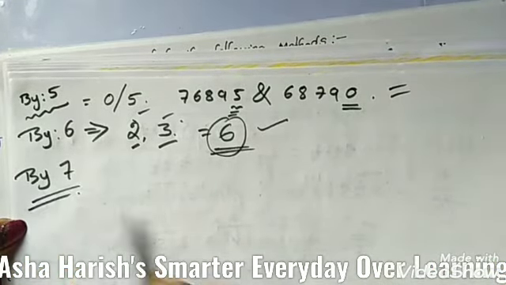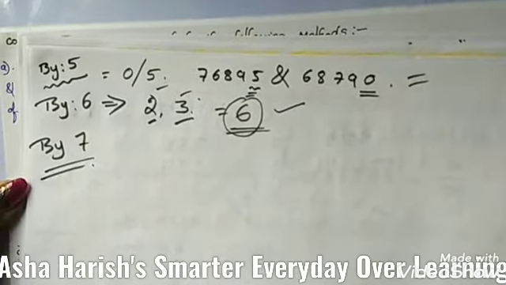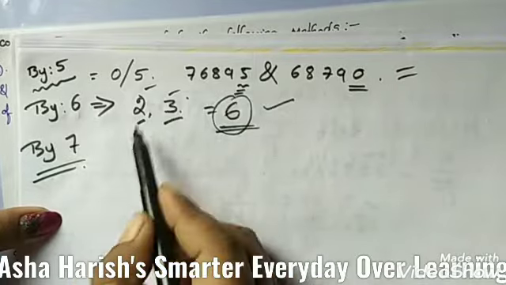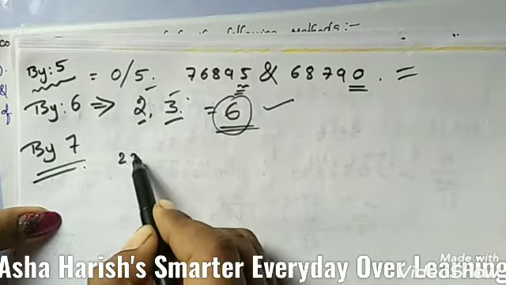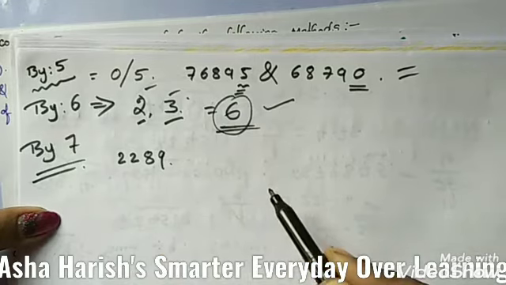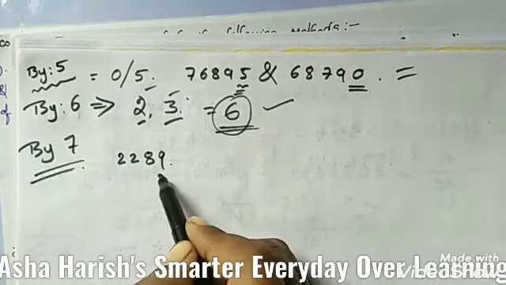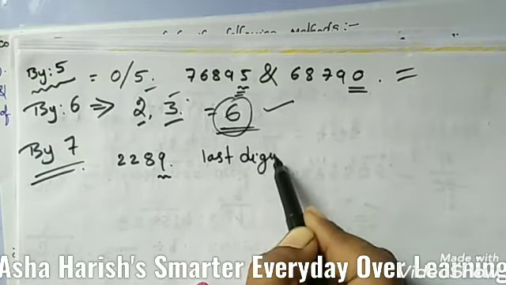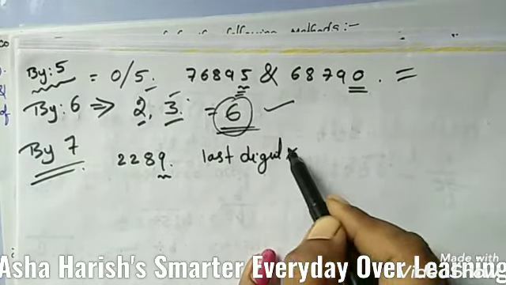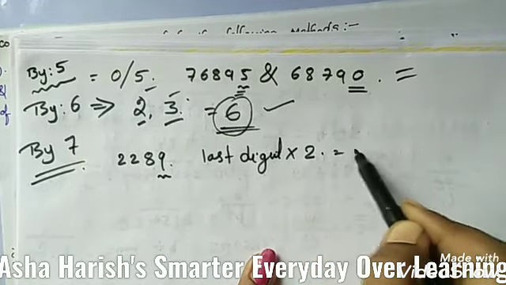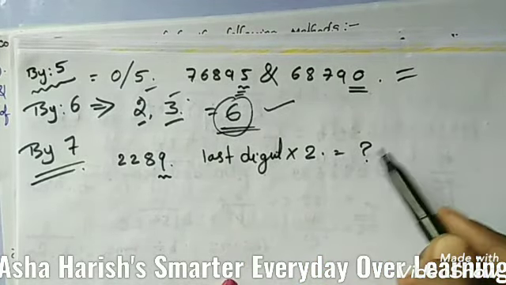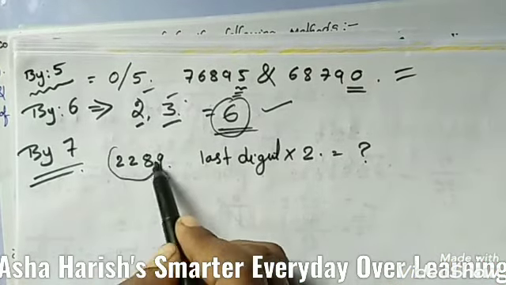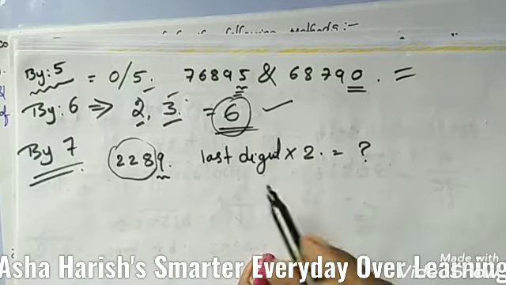By 7, you have to focus on this, students. Here is a typical one. Suppose you take an example, you can observe the last digit: 2289. Take the last digit and double it. Whatever number you get should be subtracted from the remaining number.